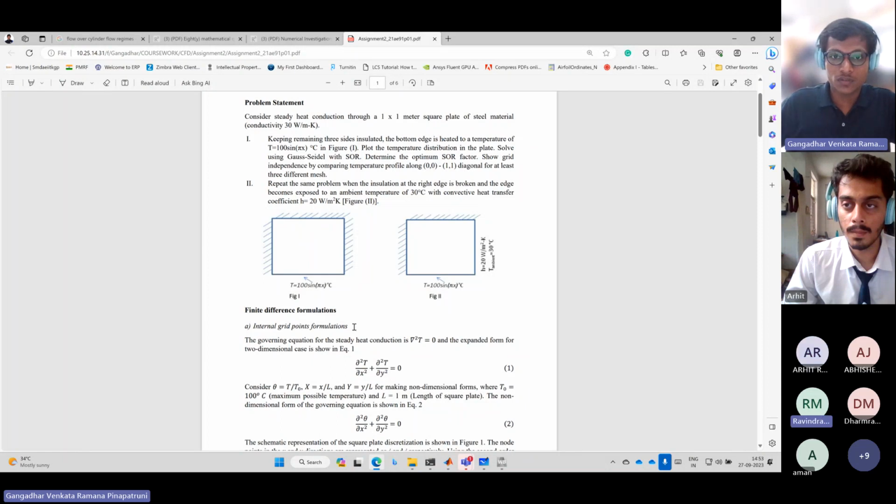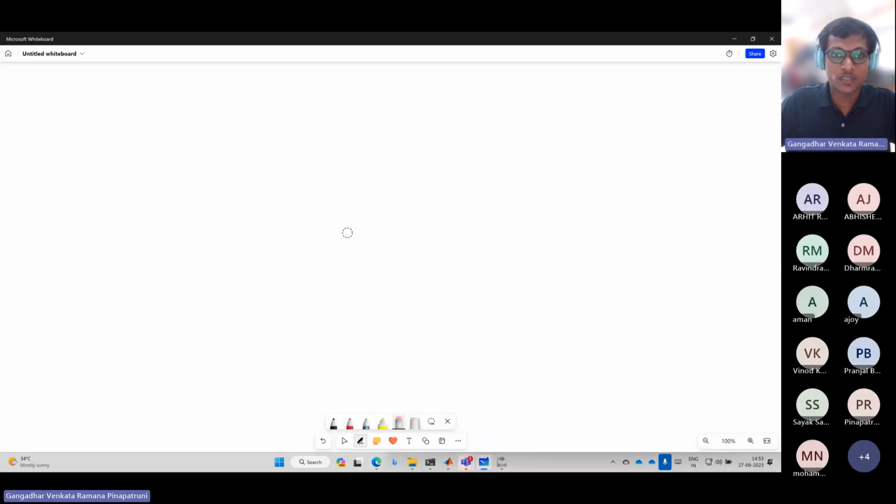If that is not in the syllabus, then I can explain in simple terms for your understanding. In this session, students of the second year, third year, and final year were all present. The second year have now completed heat transfer and fluid mechanics, so it is difficult for them, but the other students have completed the fluid mechanics part and the heat transfer part. Okay, sir. Thank you.